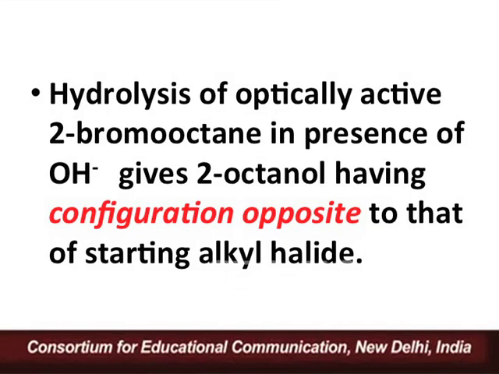So for this, let us discuss an example of hydrolysis of optically active 2-bromooctane in the presence of hydroxyl ion, which is a strong nucleophile. It gives 2-octanol having configuration opposite to that of the starting alkyl halide.